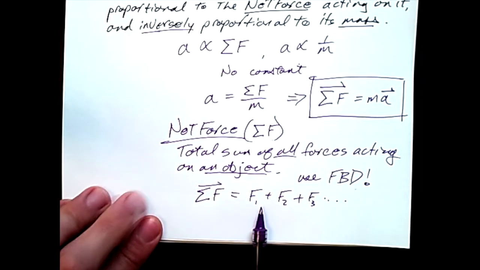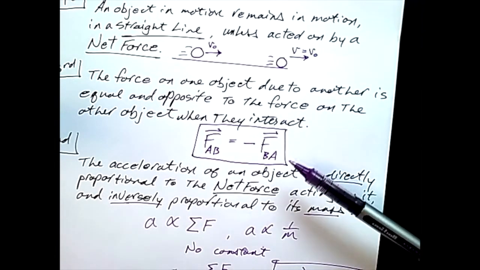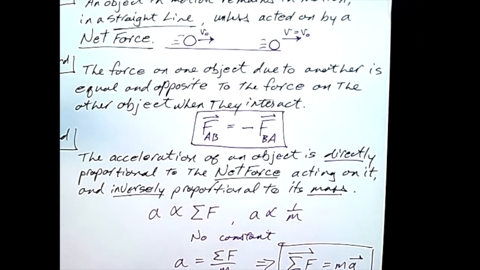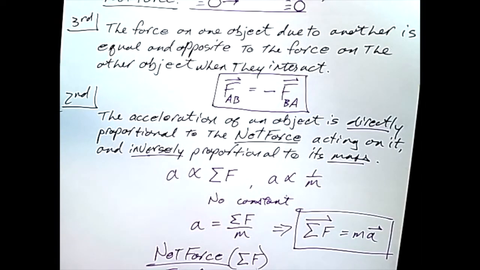Once you have the summation of the forces, we can analyze based on the relationship of the third law to determine the forces on the other objects in the system. And then using the second law, we'll use that to determine how things accelerate and change. Once we have the acceleration, then you'll know one characteristic of the motion. You'll be able to go and use your equations of motion to predict things like final velocity, time frame, and displacement.